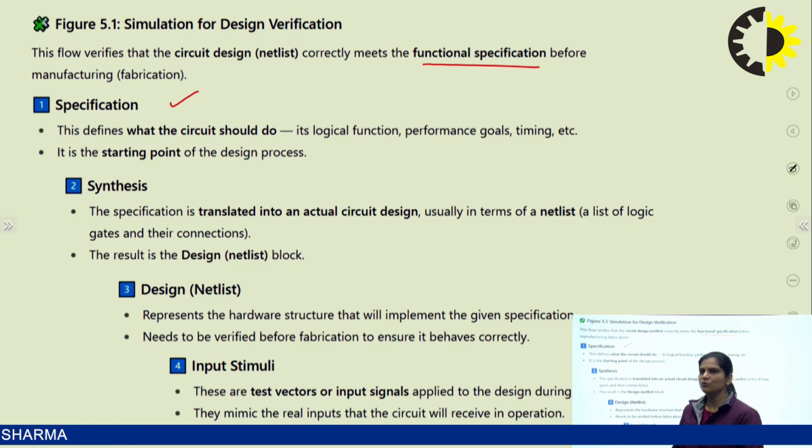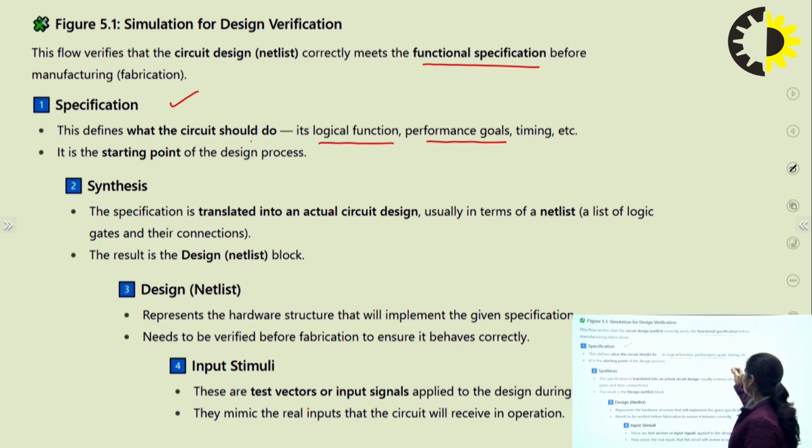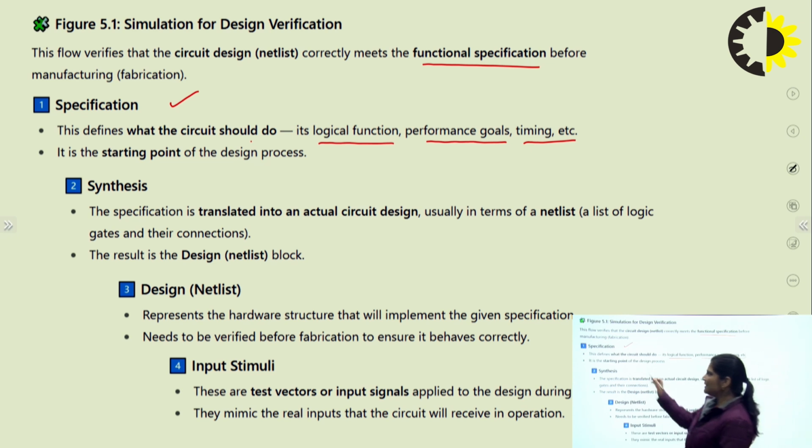We have to implement an AND gate or anything, whatever implementation we have to do. It means we have to design a logic function here. It means performance, what should be the output, so we have to decide the goals for that circuit. Now timings, etc. So it is the starting point of the design process, where we have to define what the circuit should do and what implementation we have to do. We have to decide at this point.